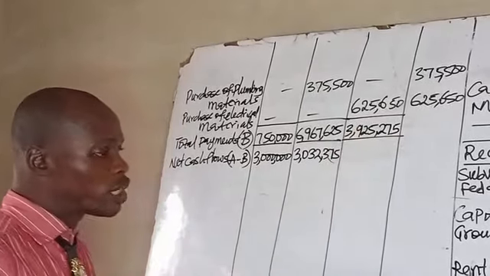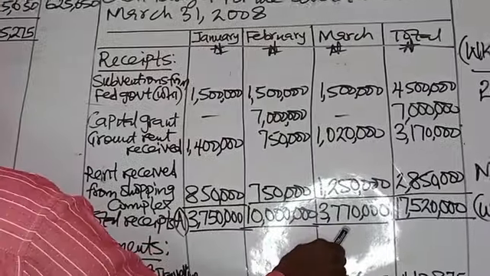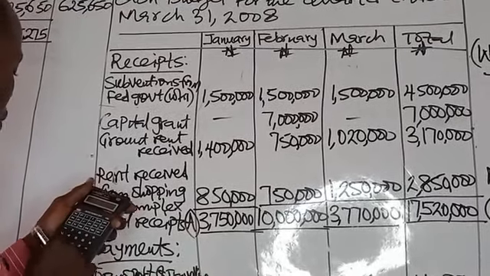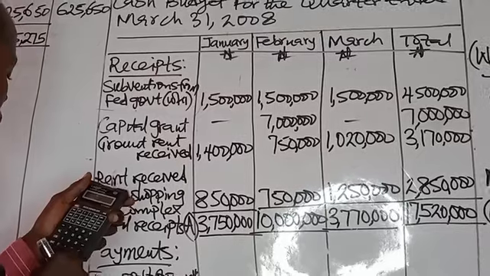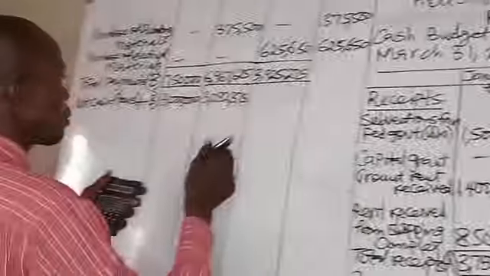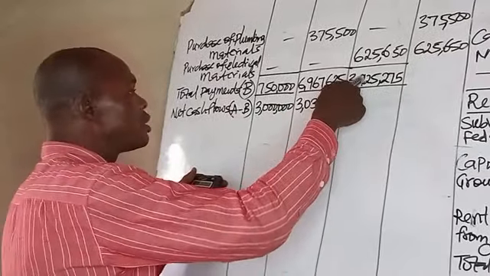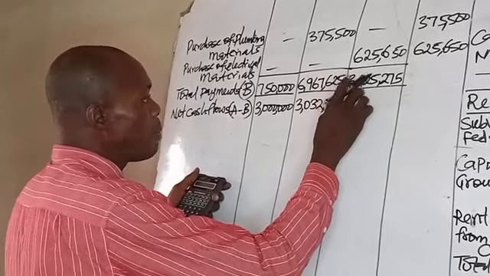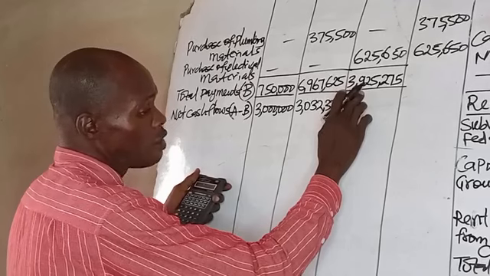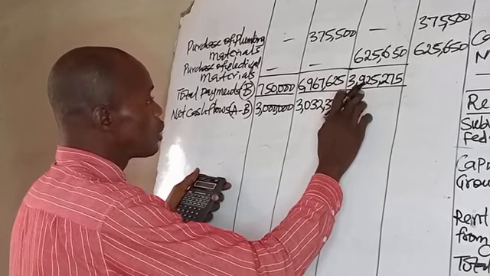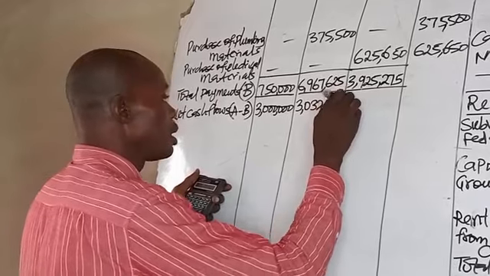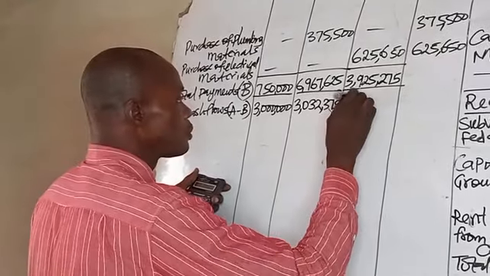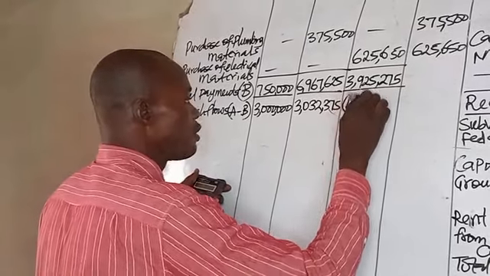Now, if you subtract it from the total receipts in March, which is 3,770,000, the payment exceeds receipts, so the net cash flows will be negative 155,275.